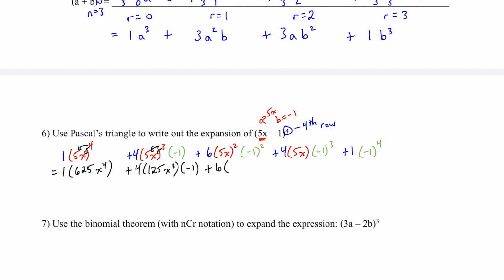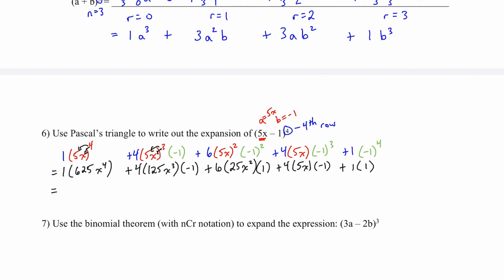Plus 6 times 5x squared, which is 25x squared, and negative 1 squared is a positive 1, because a negative 1 times a negative 1 is positive. Plus 4 times 5x times negative 1 to the power of 3. If you have 3 of them, negative 1 times negative 1 times negative 1, you have a negative number. Plus 1 and negative 1 to the power of 4 is now positive.